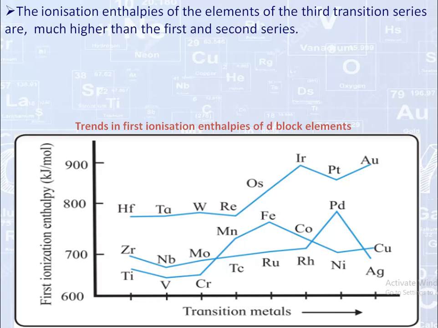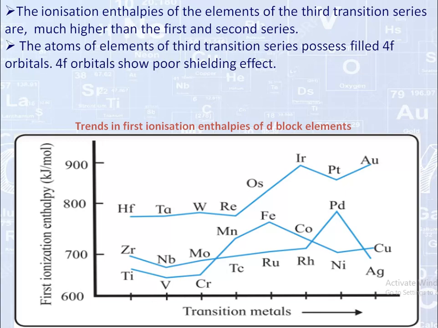Why? We know that in the 5d or third transition series, the 4f orbital is introduced, which must be filled before the 5d orbital. As a result, the valence electron experiences greater nuclear charge as the shielding effect of the f orbital is very less, and hence the attraction between the nucleus and the valence electron is very high.